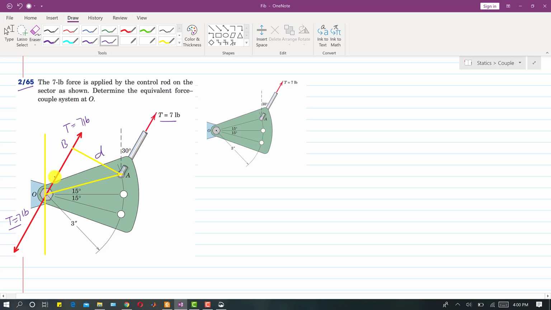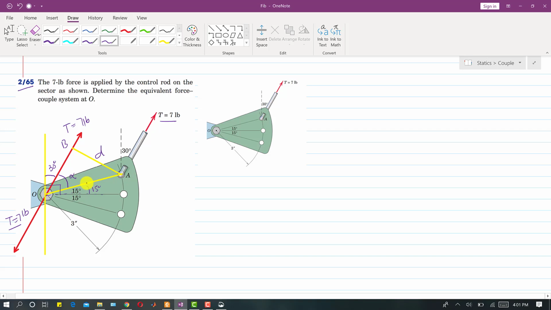As we are given that this force is making 30 degrees with the vertical, we are given this angle, right? And if I draw a horizontal line here, then we can see that as a whole this angle will be 90 degrees, right? And this angle is 15 degrees, this is given. So what will be this angle? Let's suppose this angle is alpha.